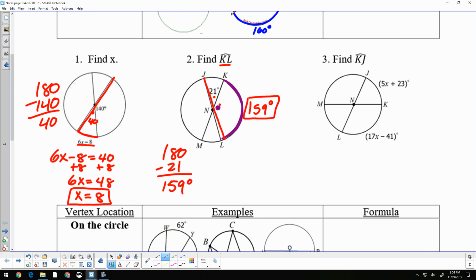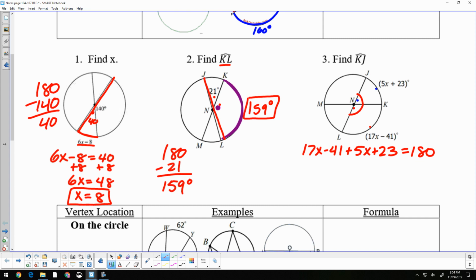Okay. Number 3, similar. So I do know that this angle is equal to that, and this angle is equal to this arc. So these two together are forming a straight line, so they're actually going to add up to 180. So 17x minus 41 plus 5x plus 23 is equal to 180.